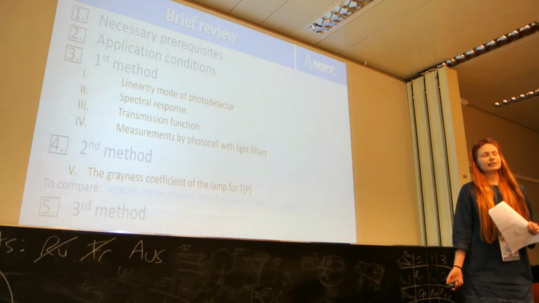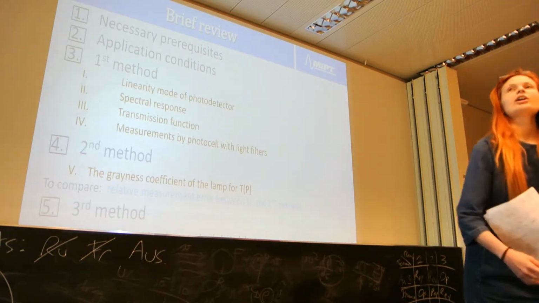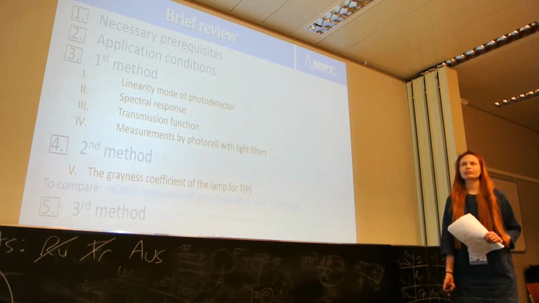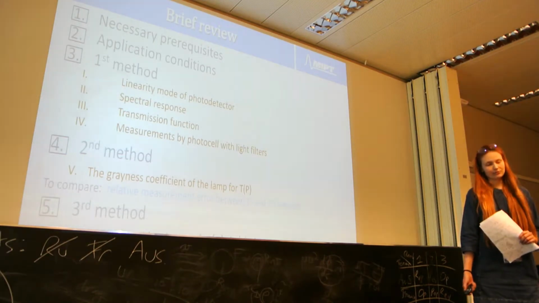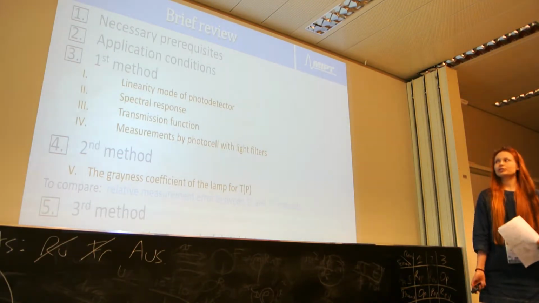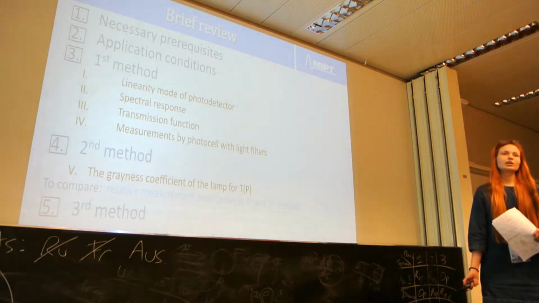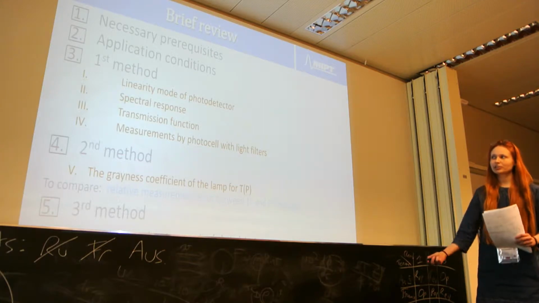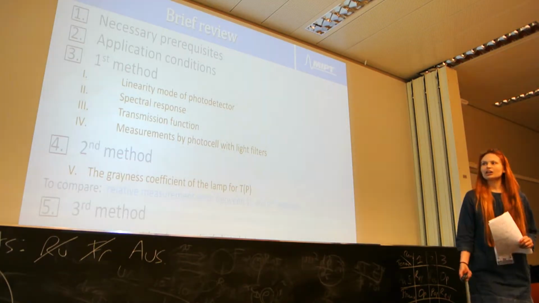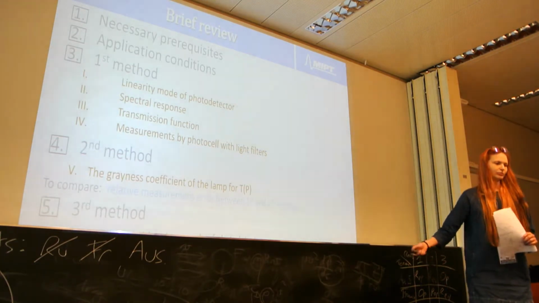For the first method, I took a photodetector, an incandescent lamp, and 3 light filters. The first method has 4 main points: confirmation of the linearity mode of the photodetector, measuring the spectral response of our photodetector, the transmission functions of light filters, and measuring by photocells with light filters.